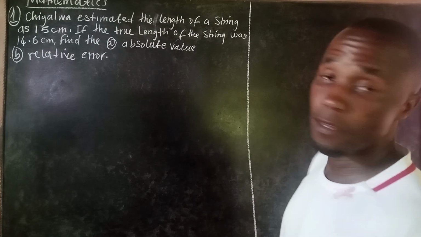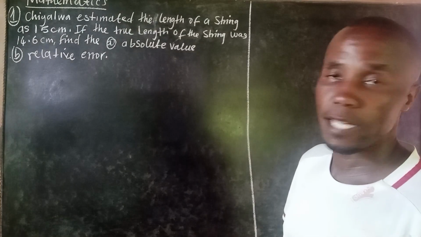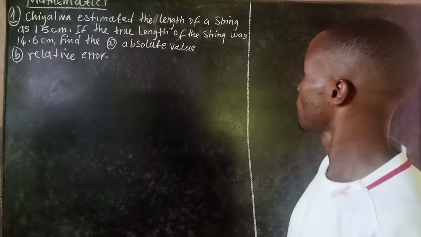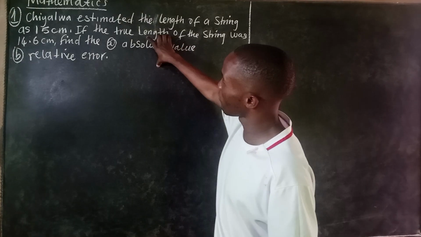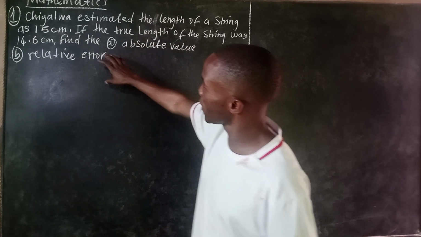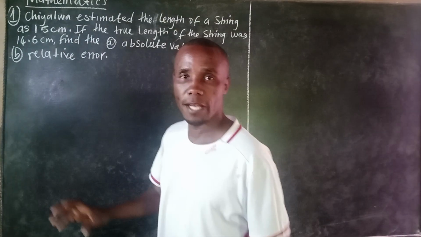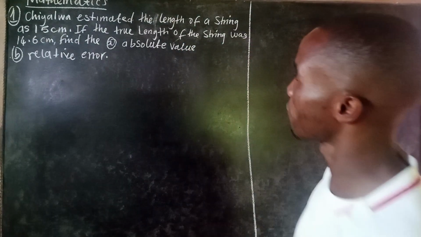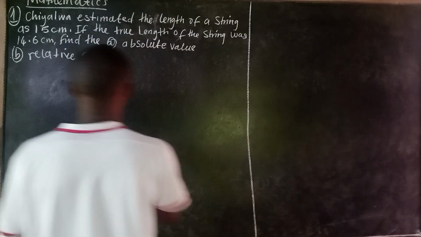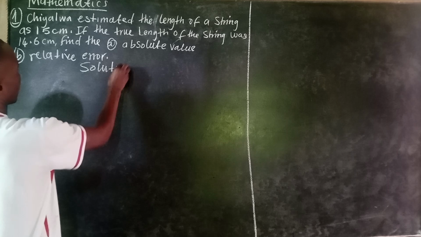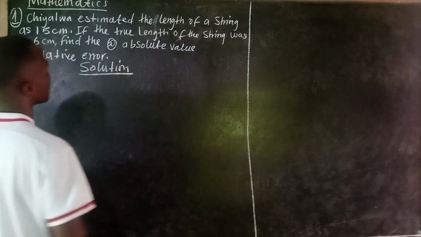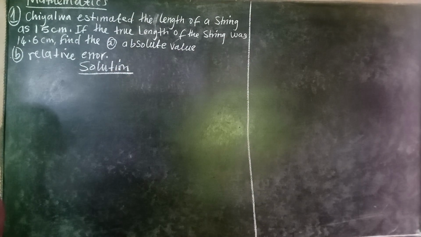So now here, the first thing that you're supposed to understand is how to find the absolute error or value as well as the relative error when you are given information like the one that we have. So quickly let us go to the solution and see how best we can handle this particular question.